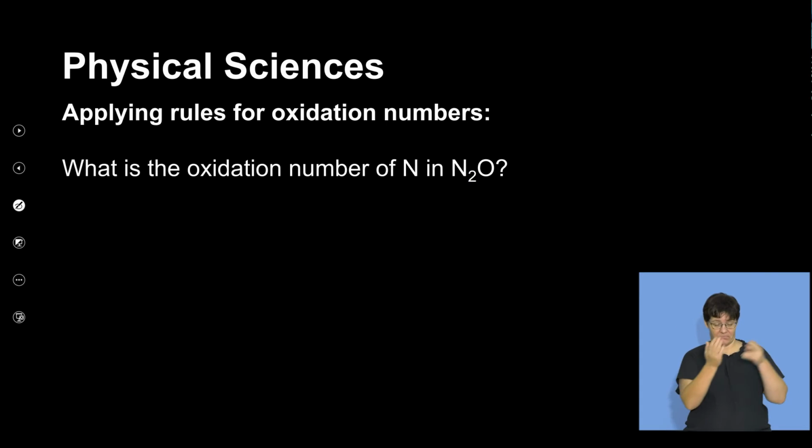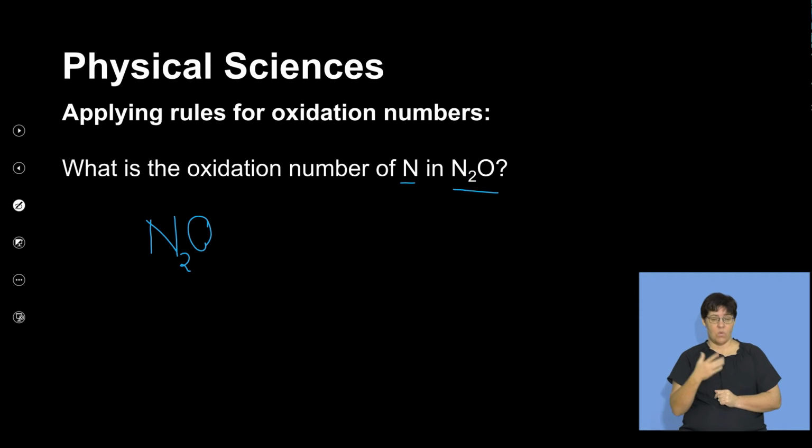We want to determine, by applying these rules, the oxidation number of nitrogen in dinitrogen oxide. So we want to obtain that. What are we saying here? We've got N2O, okay? We want to understand that in this molecule, because this is a compound, the total is equal to 0, right?